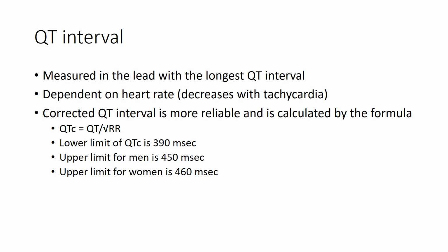So, due to its variability with heart rate, a formula has been developed to determine the corrected QT interval according to heart rate, and this is called Bazett's formula, in which corrected QT interval is equal to the QT interval divided by the square root of the RR interval. The lower limit of corrected QT interval is 390 milliseconds, and the upper limit for men is 450 milliseconds, and for women it is 460 milliseconds.